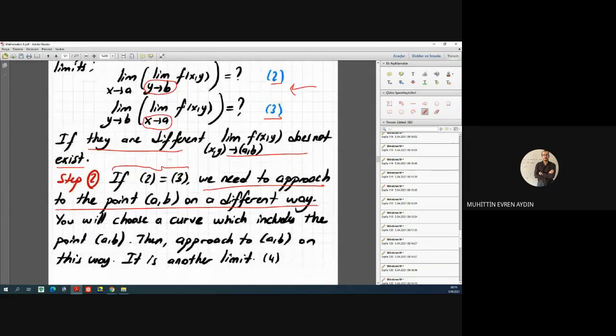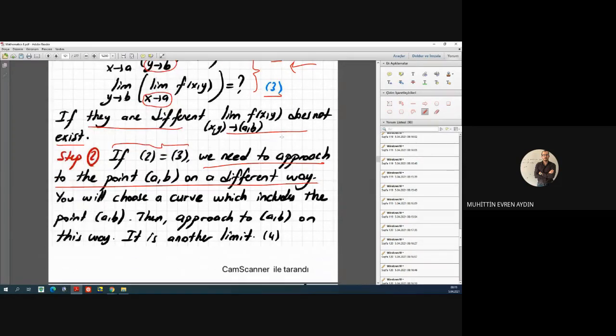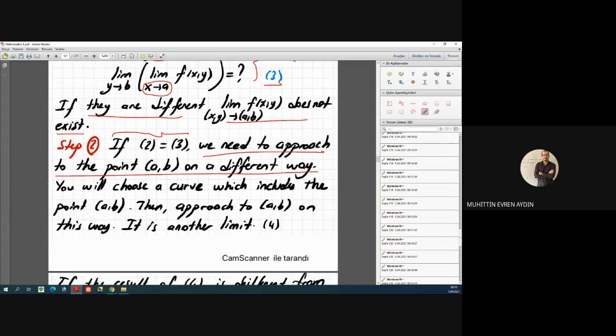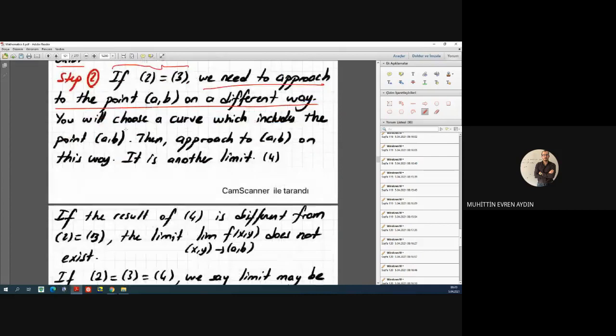I mean, the equality of these two limits does not tell us that the limit exists. So, if those are equal, you would choose a curve which includes the point a comma b. Then approach this point along this curve.